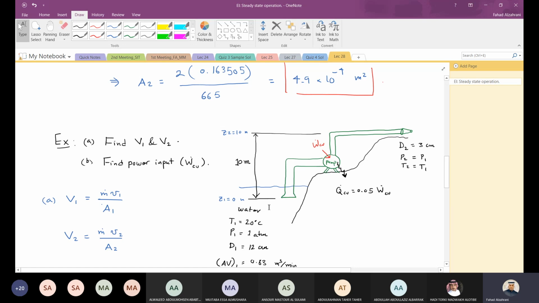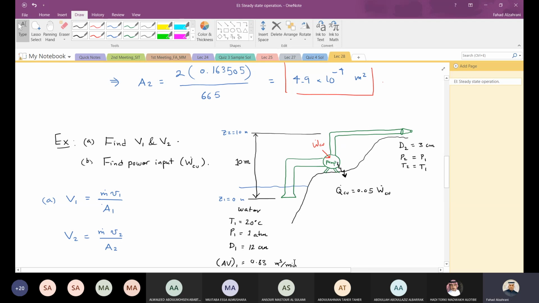The state of this water at the inlet is 20 degrees Celsius and 1 atmosphere, and the diameter of the inlet of this pipe is 12 centimeter in this case. And I'm also giving you the volumetric flow rate at the inlet, which is area times velocity, which is 0.83 meter cubed per minute. Okay, so this is per minute, 0.83 meter cubed per minute.